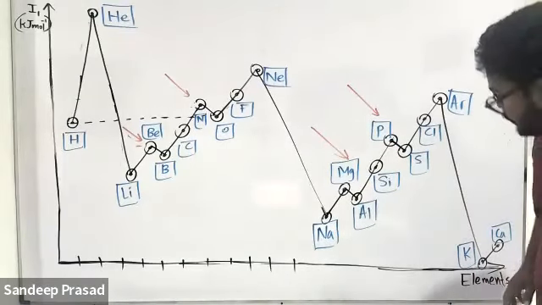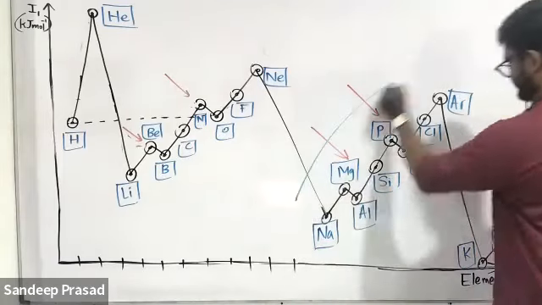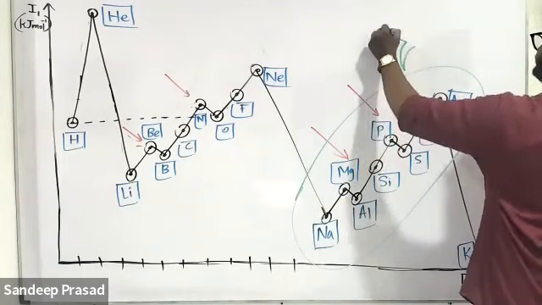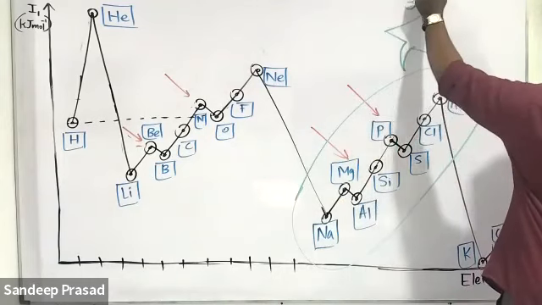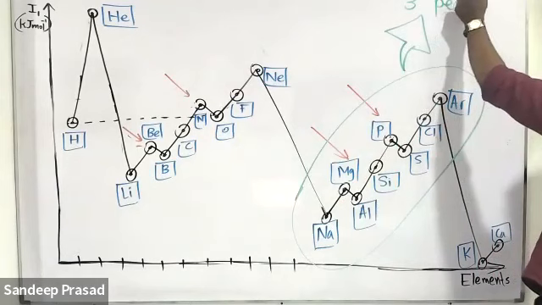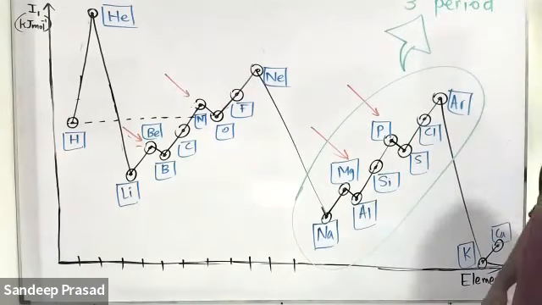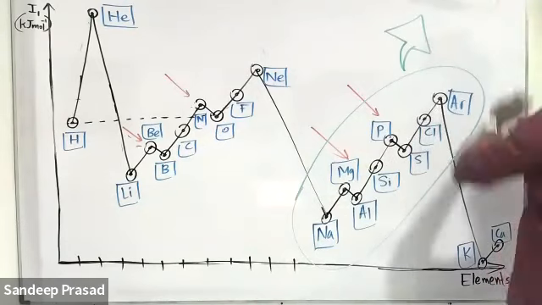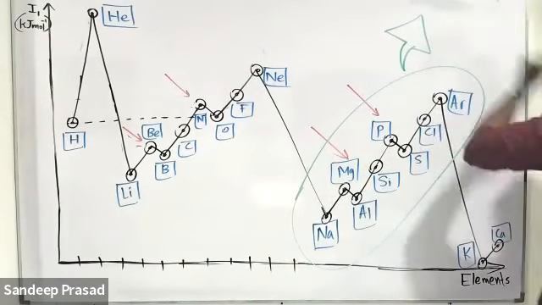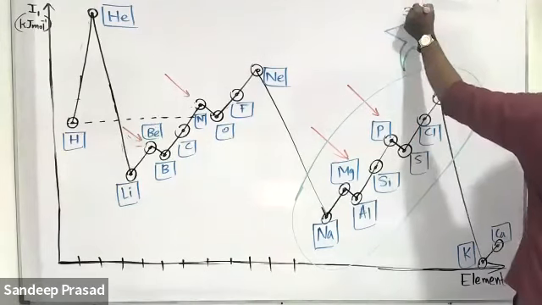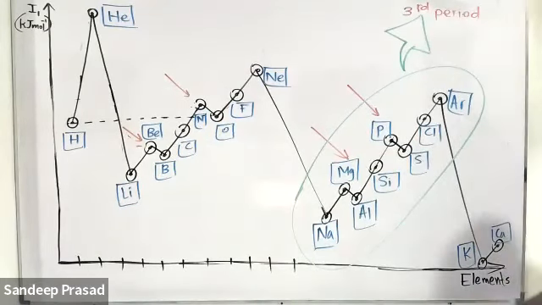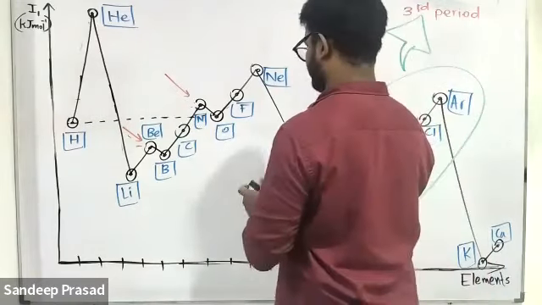Likewise, you should be able to compare the radius. So this is third period. Right? This is third period. And here you can see, what about this one?